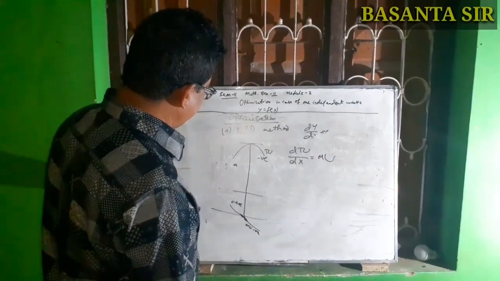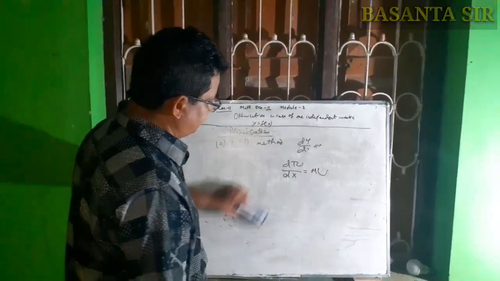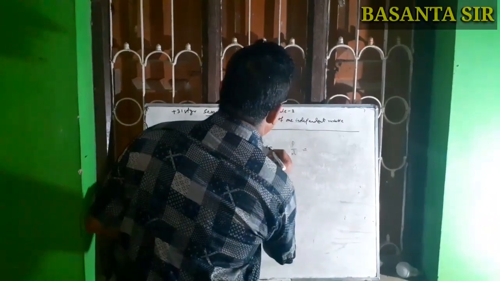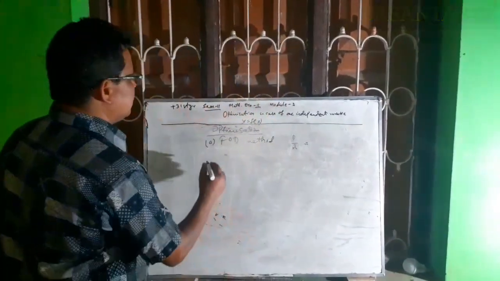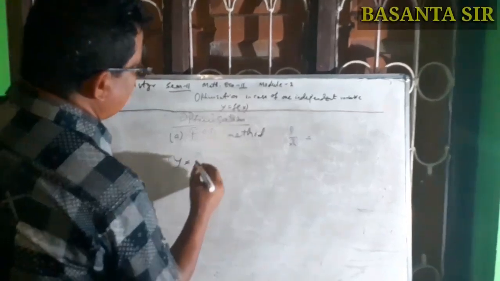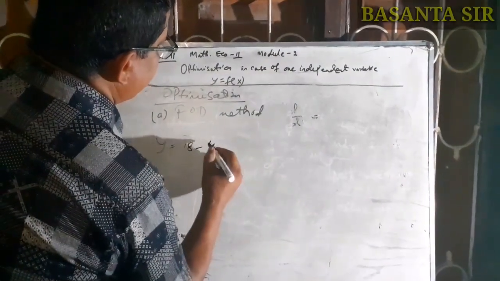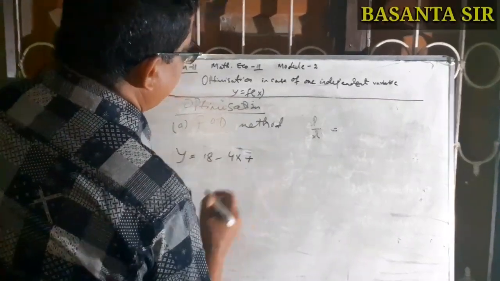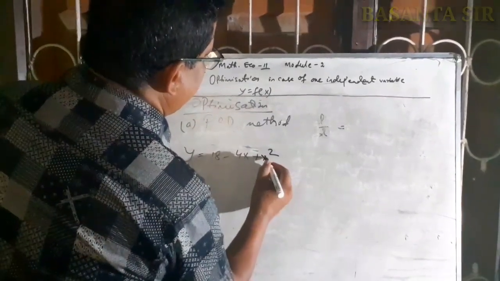Now, coming to an example of the first order derivative test. Let a problem be given: y equal to 18 minus 4x plus x square.